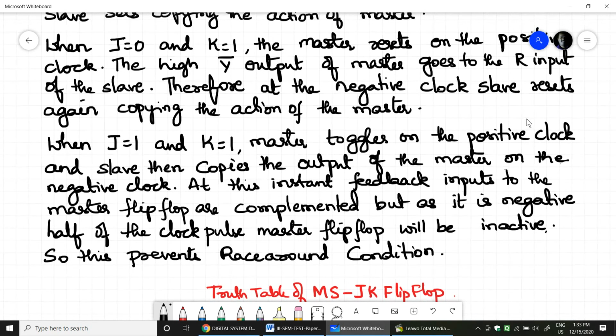So due to this, the slave will start waiting. For this reason, the propagation delay will increase beyond the clock pulse width. In this manner, we prevent the race around condition that we see in JK flip-flop.